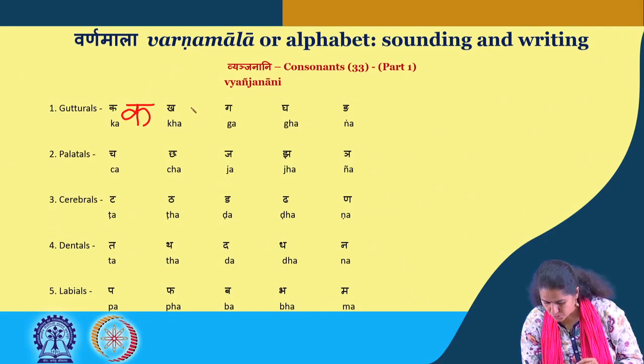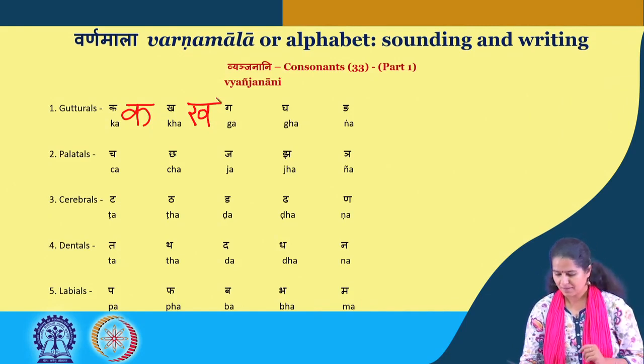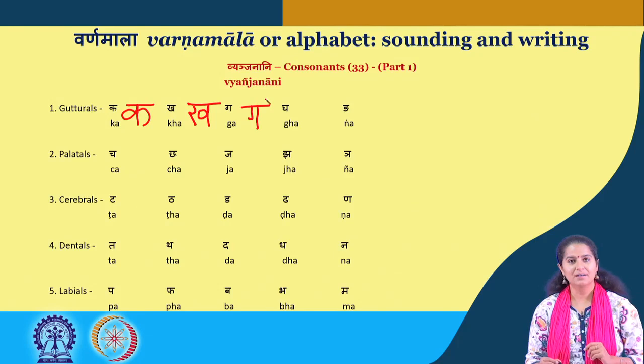Alright, so let's do that. So you start with a small round and then a tail, and then you do a small round beside it and you go all the way down. So that's the k. Then the g is a small, just like a small hook, and a t, g.